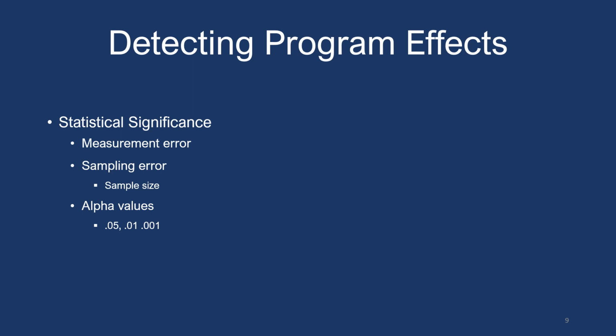Or it can be extended to a wider window at, say, 0.1. An alpha value of 0.05 represents a 95% level of confidence that the results are not due to chance, while an alpha set at 0.001 gives us a 99% confidence that our results are not due to chance.